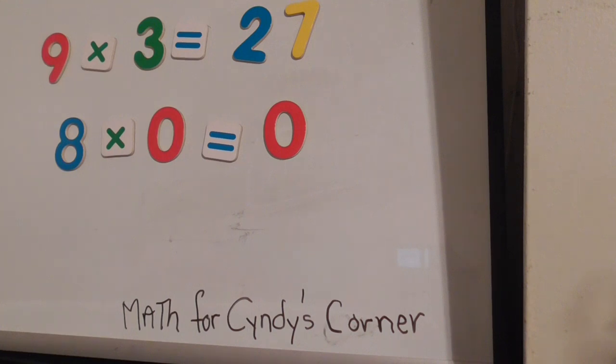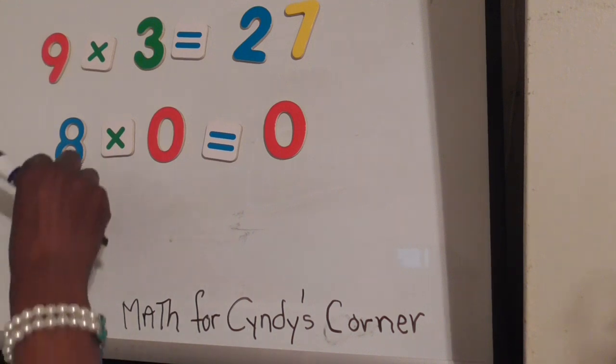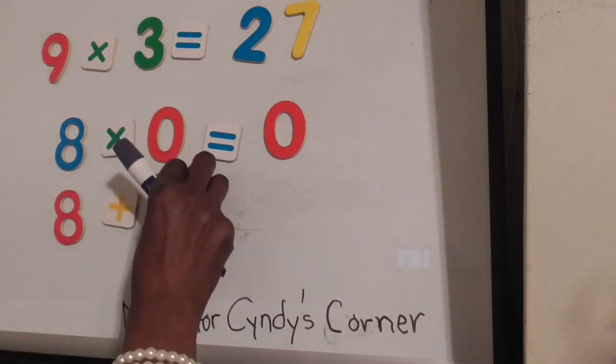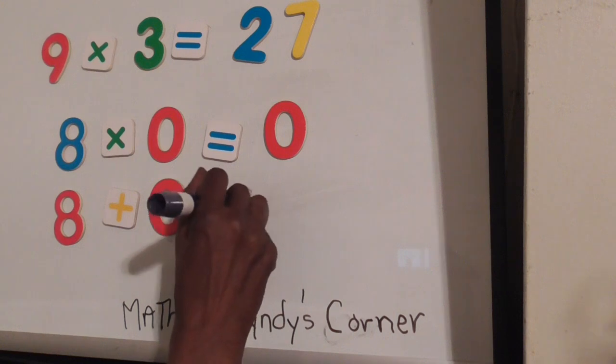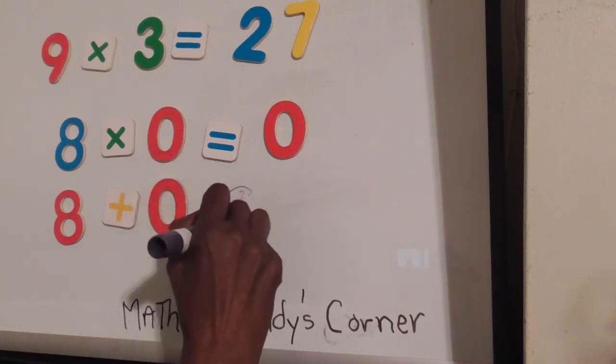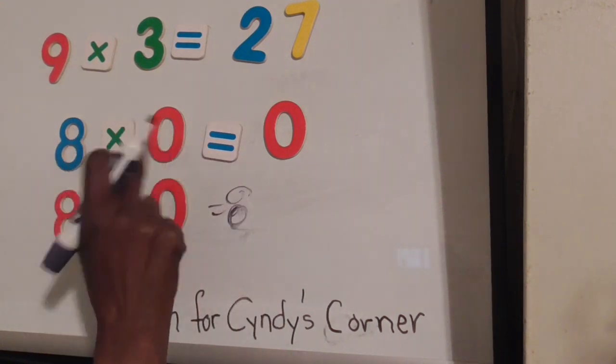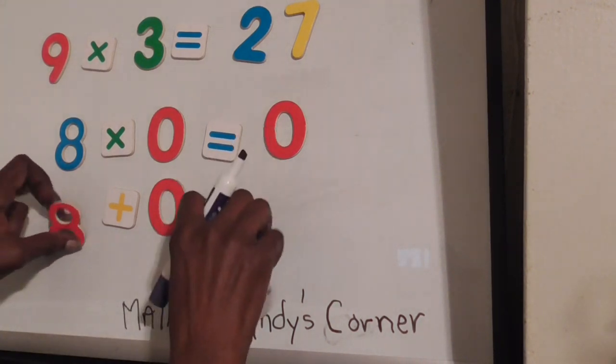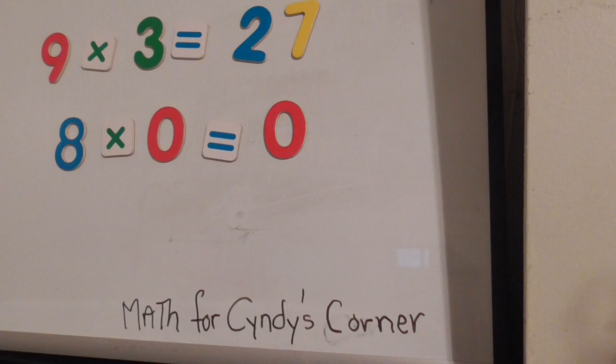Adding versus multiplication. 8 plus 0 equals 8. 8 times nothing equals nothing. The difference between adding and multiplication.